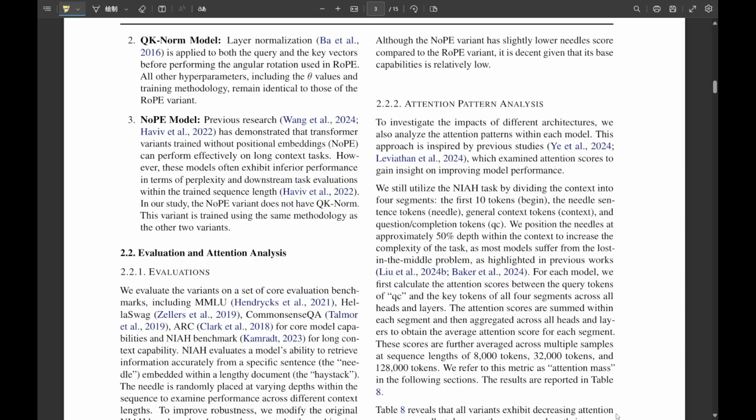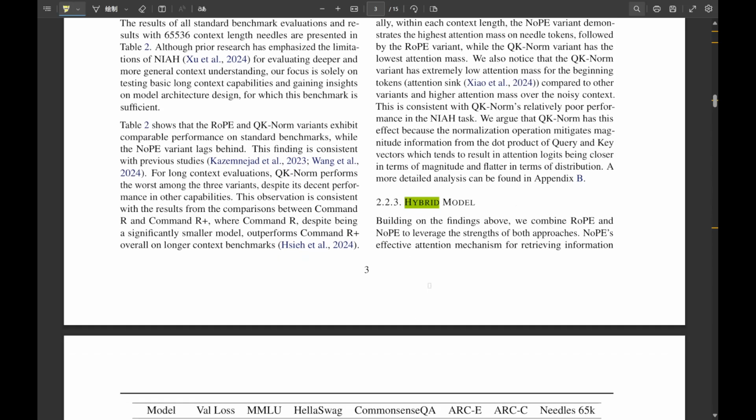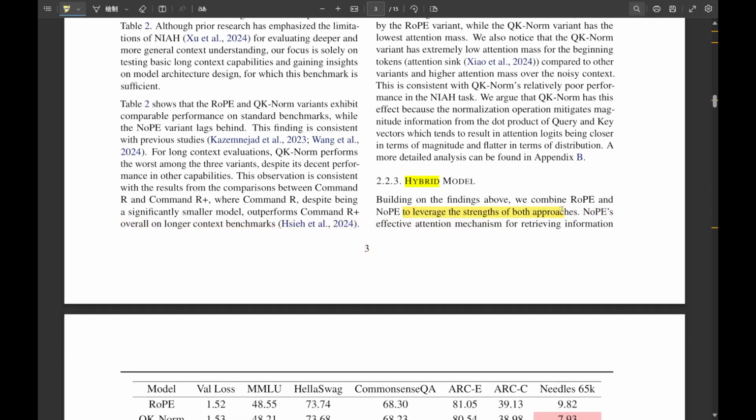Okay, standard stuff looks kind of predictable, but the needle in a haystack, that's the long context test, right? Exactly. That test is designed specifically to see if a model can find one specific piece of information, the needle, buried deep inside a very long document, the haystack. And here, the results flip dramatically for QK norm. ROPE was still the best performer. NOPE actually did decently well, surprisingly well, given its lower general scores.